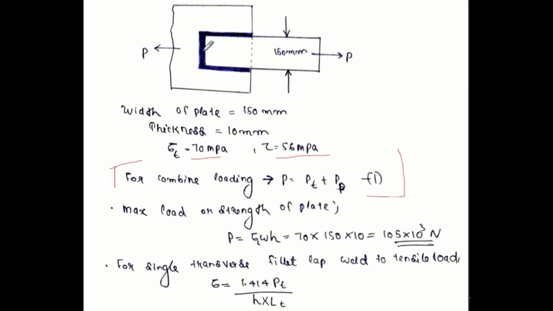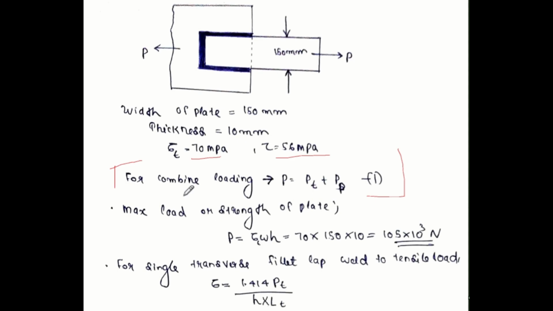The axial load exerted on both ends will be distributed among the transverse weld and parallel weld. The transverse weld is subject to tensile stress, and the parallel weld has shear stress. Just keep that in mind.